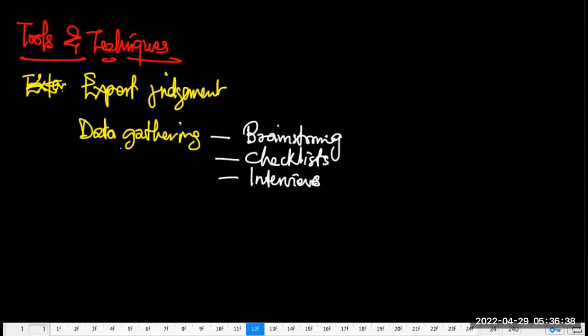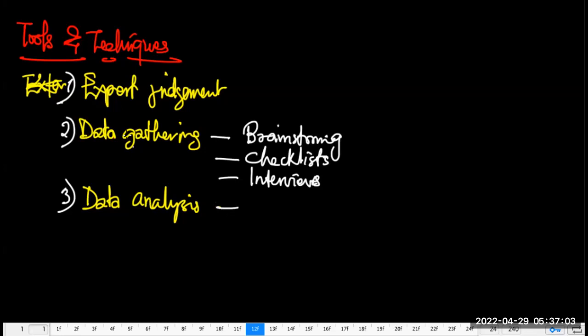Other than expert judgment, there is also data analysis. So you gather data and you analyze data. So, data analysis. But what technique do you need?